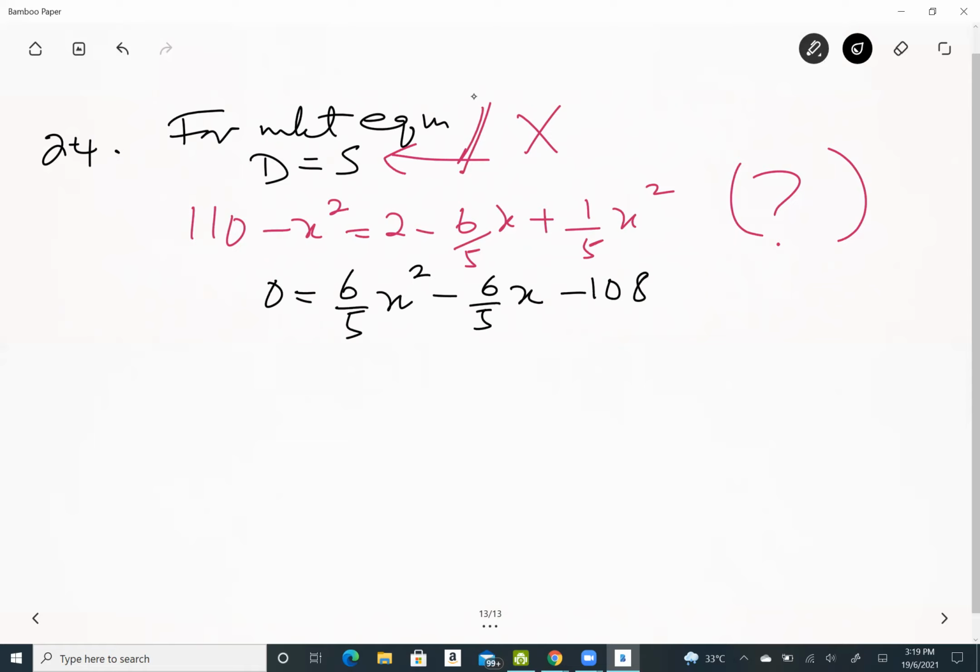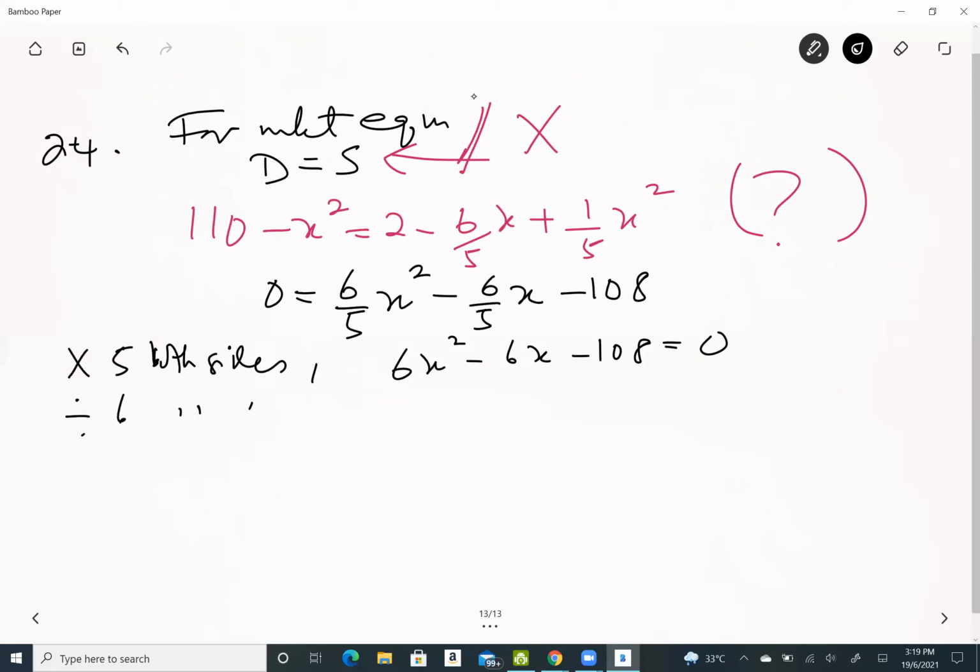First thing that you need to do, you take care of the denominator. So you multiply by 5 both sides. What do I get? I get 6x squared minus 6x minus 108 is equal to 0. And then you can divide by 6, so you divide 6 both sides.